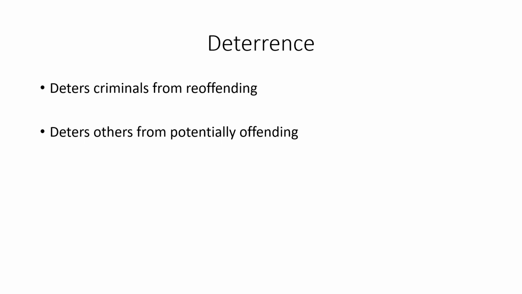The other way we can think of deterrence is to deter others from potentially offending. So if someone's walking around and they see someone commit a crime and see that they get punished for it, they will potentially not do that crime because they saw what would happen to them if they did. So this is typically the idea of justifying punishment via deterrence.